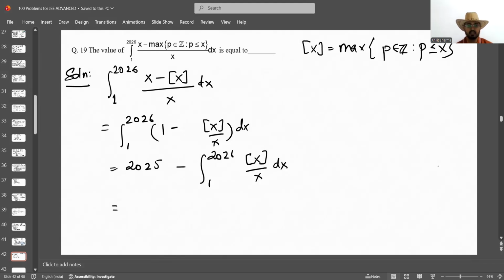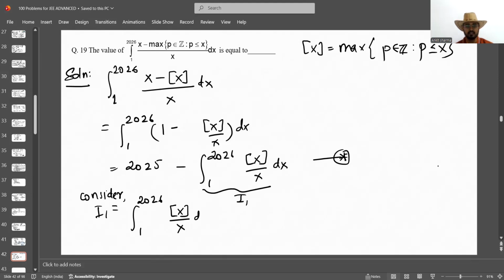For this, I'll consider this equation to be star, and I'll consider only this part. There is no point in writing 2025 like this. So I'll call this expression I1. So I1 is equal to integral 1 to 2026 GIF of x over x dx.